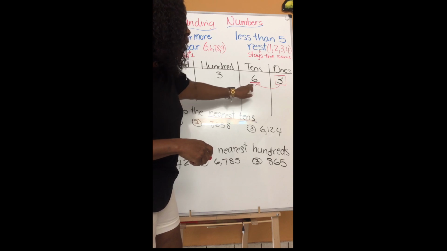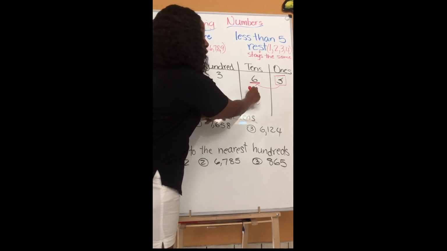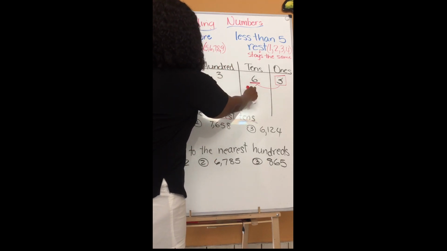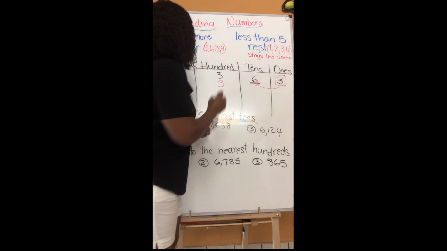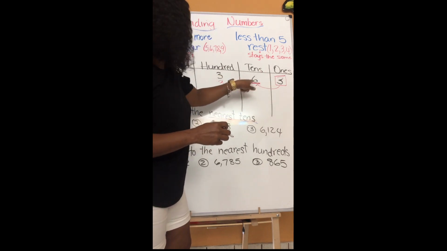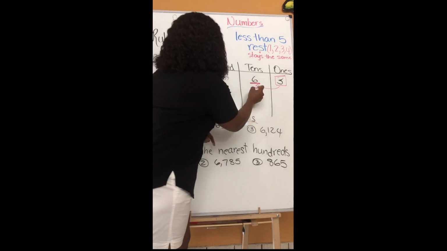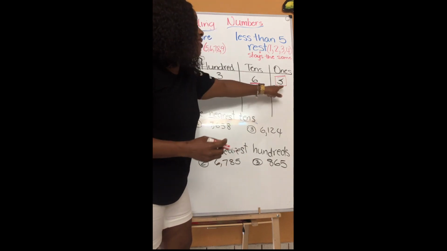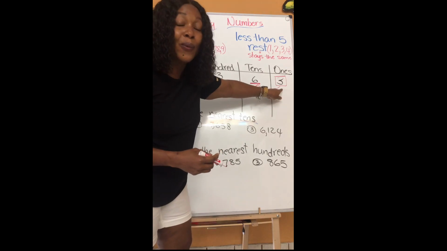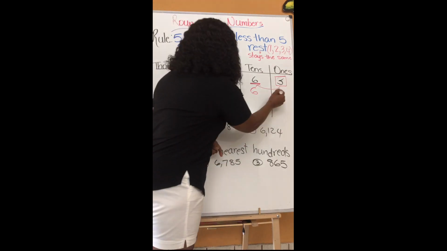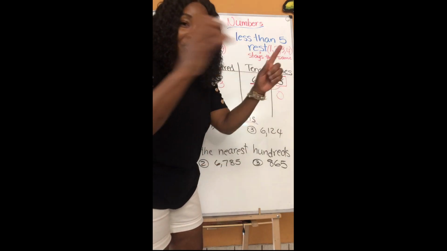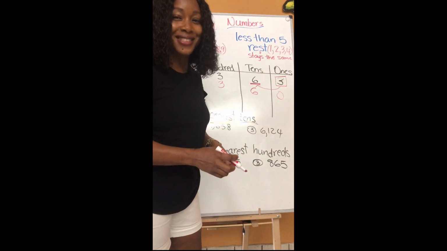Anything behind the one that you underline will stay the same. So this is still 3. The boss tells this one to stay the same, so it's still 6, but the boss will always change to 0. Remember, the boss will always give the rule and then changes to 0.